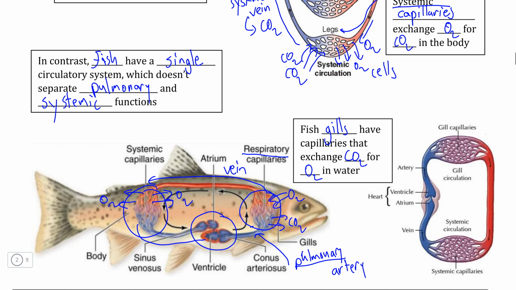And the systemic vein that we see here brings the deoxygenated blood back to the heart.